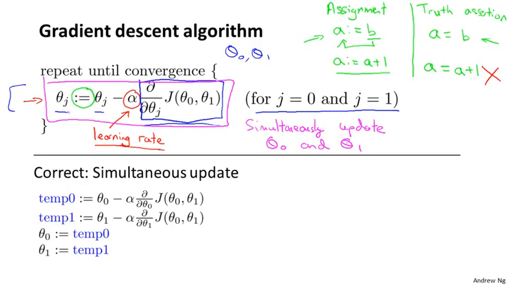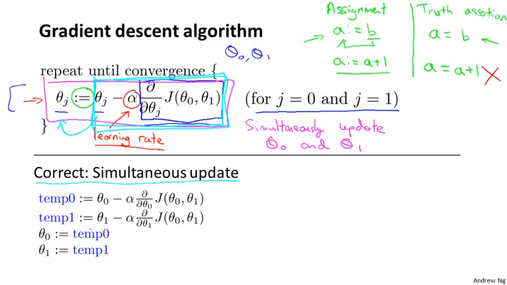What I mean by that is that, in this equation, we're going to update theta 0 colon equals theta 0 minus something, and update theta 1 colon equals theta 1 minus something. And the way to implement this is you should compute the right-hand side for theta 0 and theta 1, and then simultaneously, at the same time, update theta 0 and theta 1. Okay? So let me say what I mean by that.